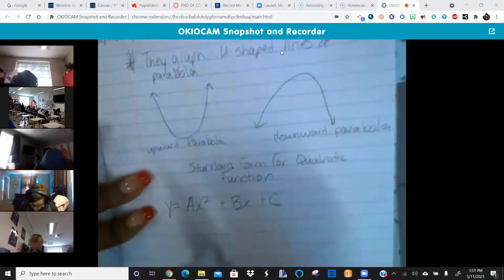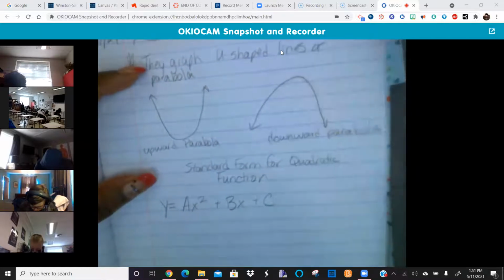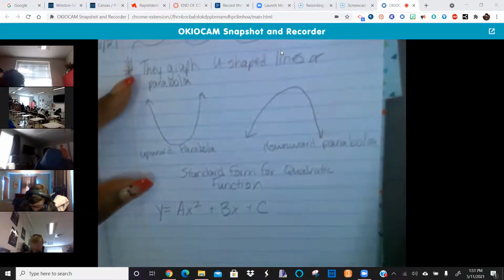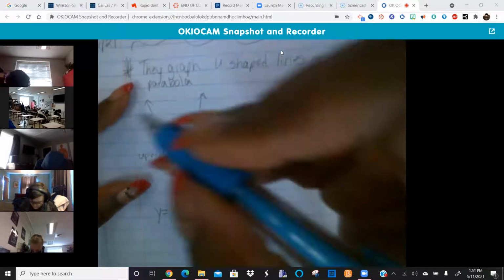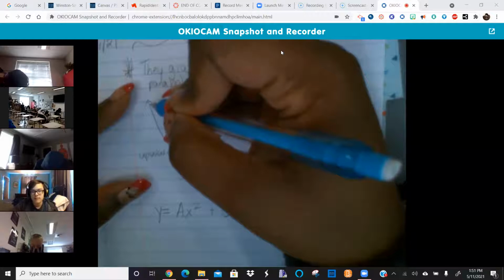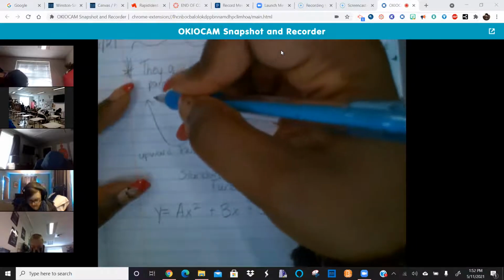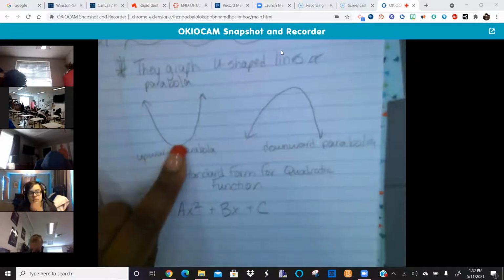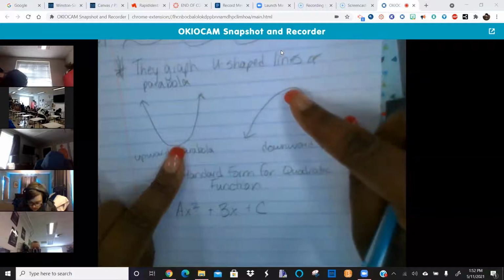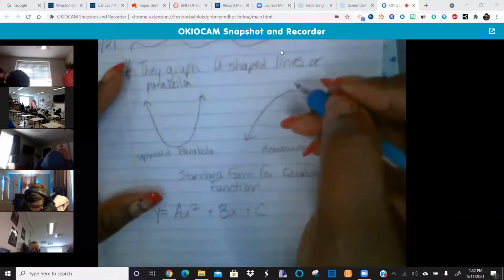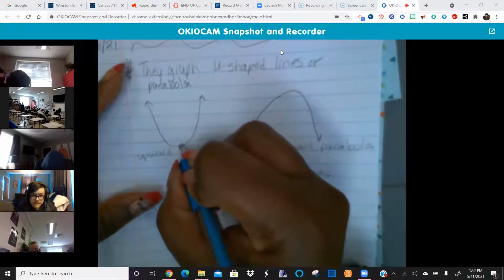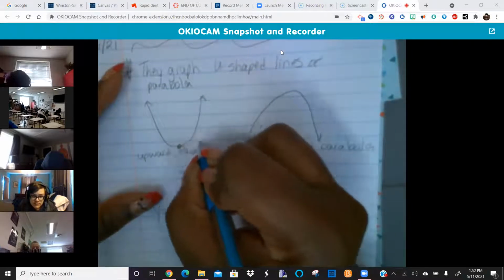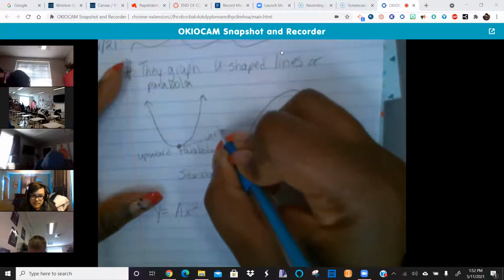So let's dig deeper into these parabolas. With a parabola or quadratic function, you have a minimum value or you have a maximum value. The highest or the lowest point of a parabola is always called your vertex. The lowest point of the parabola is called the vertex.